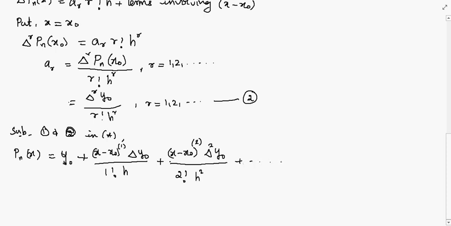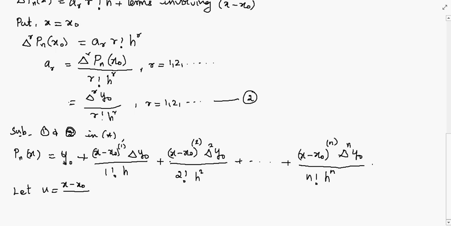Substituting like this, our nth term will be x minus x naught whole power n factorial into del power n y naught divided by n factorial into h power n. Then we are going to put a substitution, that is, we take u equal to x minus x naught by h.